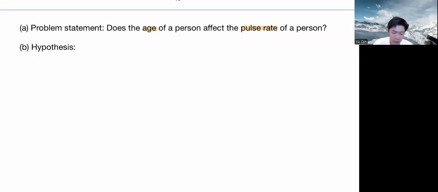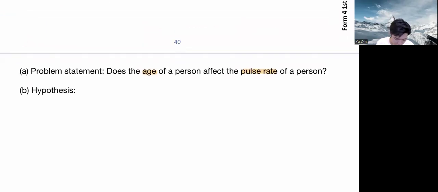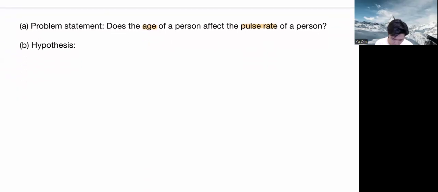Okay, so let's incorporate your manipulated and your responding variables together. So what is it? The older, the higher the age. No, it should be the older the age of a person. You can do the other way around, you can do younger also.